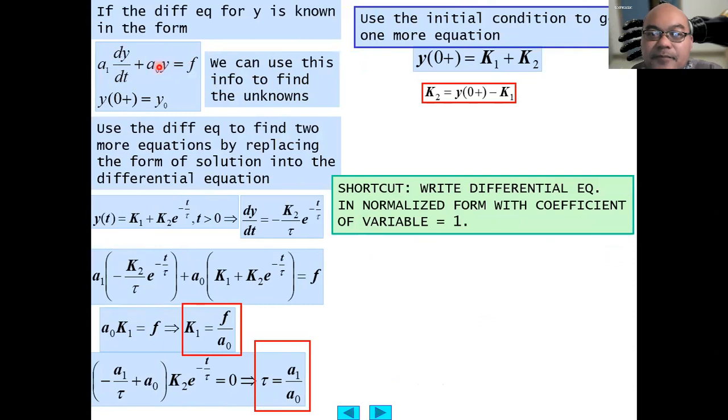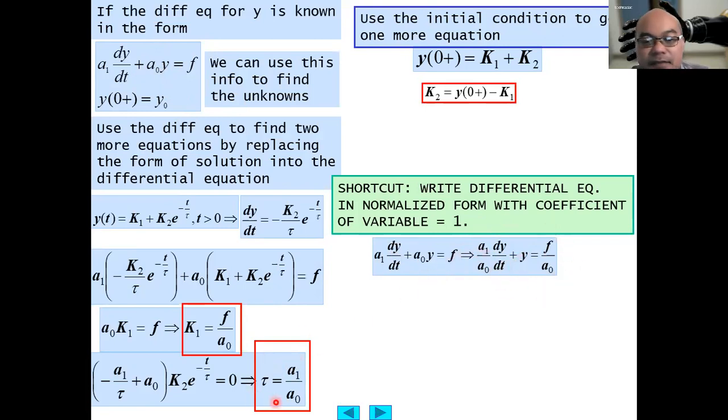The factor multiplied to y should be made into 1, dividing by A0, like this. So this is the standard form now. From here, we obtain A1 divided by A0 as tau, and f divided by A0 as k1, which occurs when y is at constant.